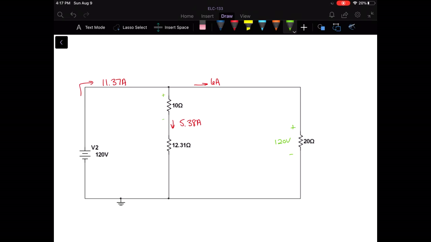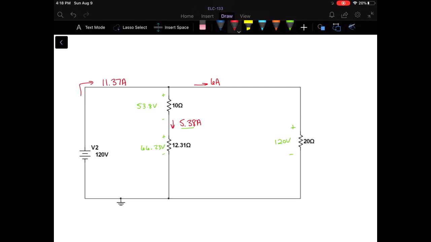However, we want to find our voltage drops here and here. So we're going to take our 5.38 times 10, and that's our voltage drop there, and our 5.38 times 12.31 to get our 66.23 volts here. So we had 120 volts across both of these in the previous step, so those should add up to 120 as well.